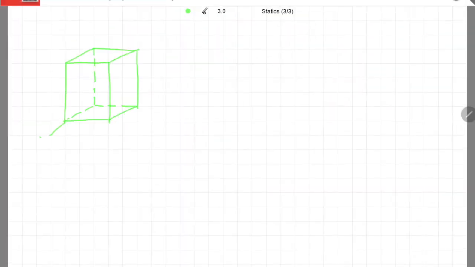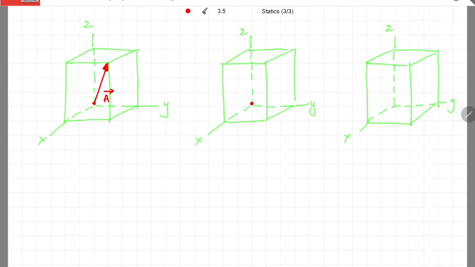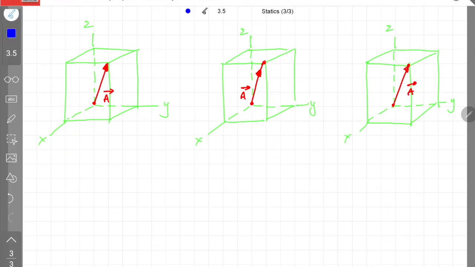Similar to the 2D model, we also need to identify the direction of vector A along the x, y, and z axes. In order to illustrate the direction of vector A in three-dimensional perspective, I'm going to redraw three similar vector A's. Nice. Now, if we want to measure the direction of vector A, we have to measure it across the respective axes.